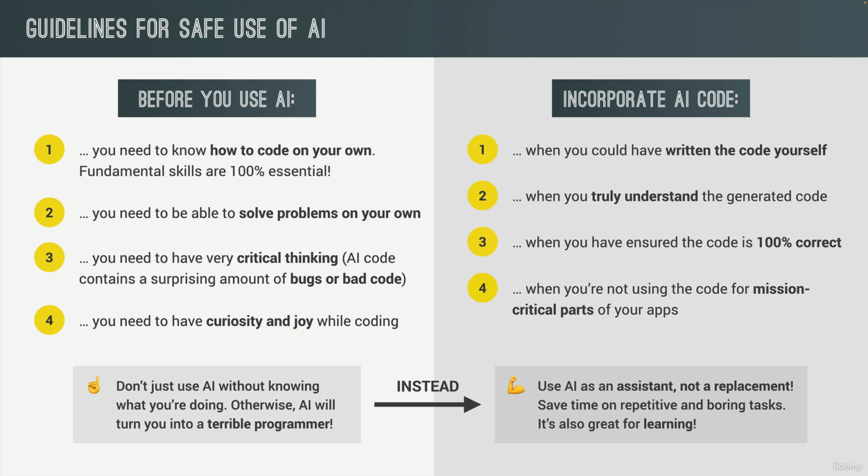And so I advise you to not even use AI for these crucial tasks at all. So, to recap, it's absolutely okay to incorporate some code that an AI has written for you if you're only using the AI to be faster at non-crucial tasks, even though you could have done it yourself. Otherwise, you'll never be able to fix the code when it eventually breaks, and maybe even more importantly, you won't grow as a developer.